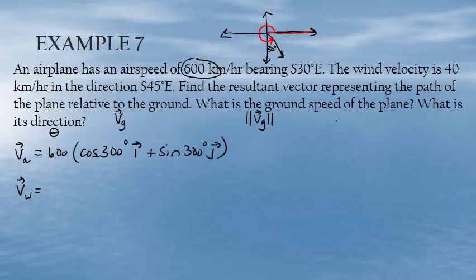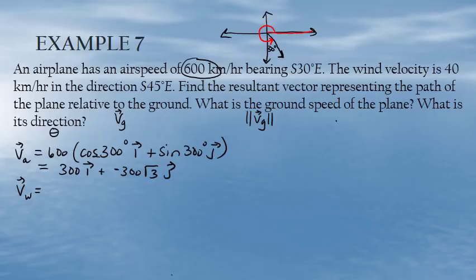Cosine of 300 degrees. Let me just go ahead and give you the answer that I got, and you make sure you verify that you got the same thing. I got 300i plus negative 300 root 3j.